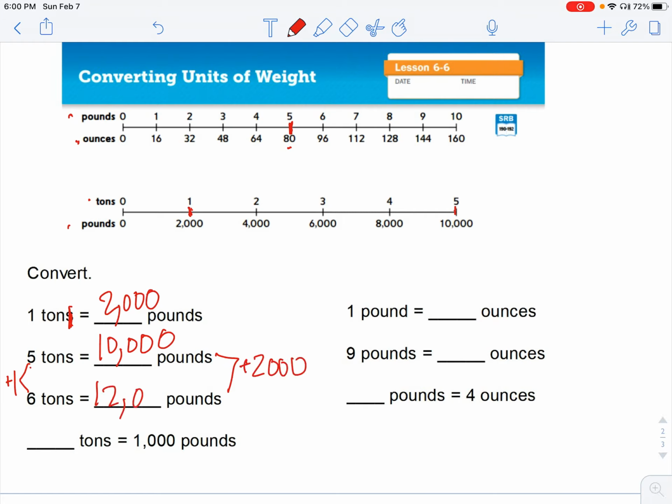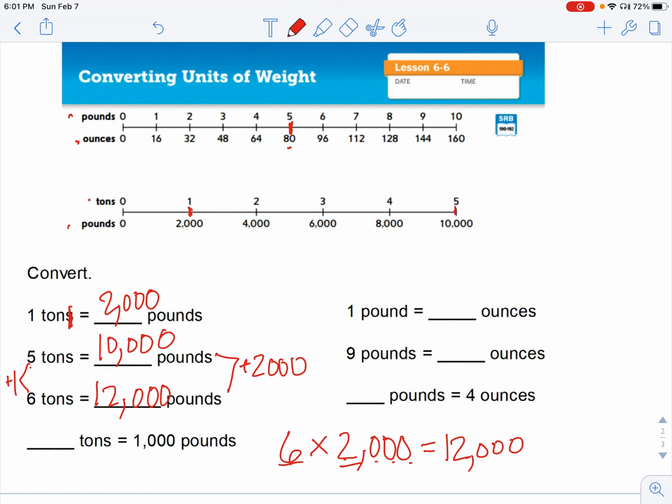You should have gotten 12,000 pounds. Another way you could have arrived at that solution is, say, 6 tons times 2,000 pounds in each brings you to 6 times 2 is 12, and then 3 zeros in my factor, 3 zeros in my product, brings you to 12,000 that way.